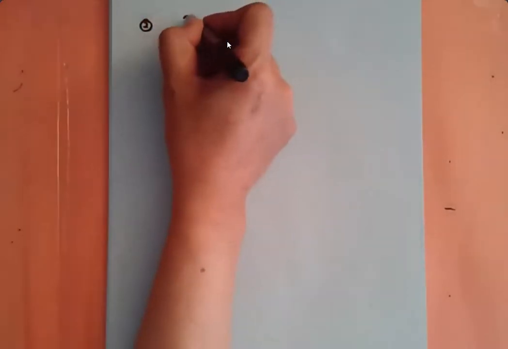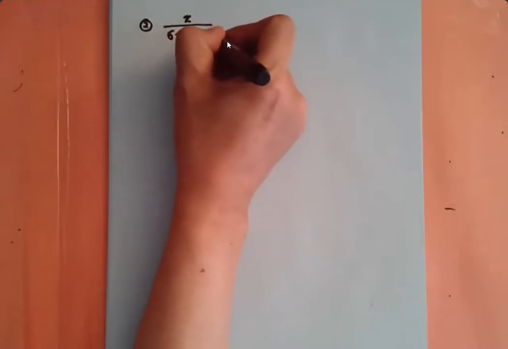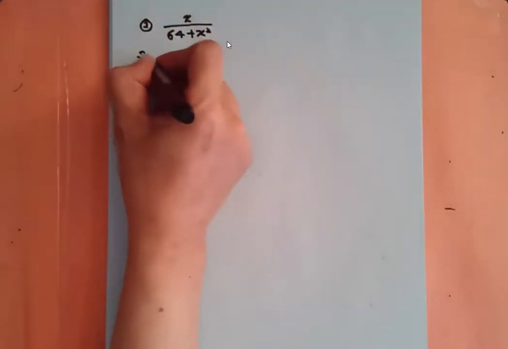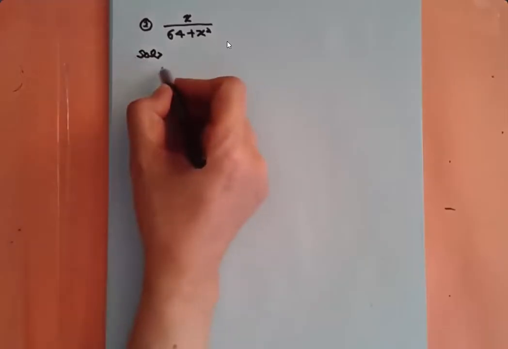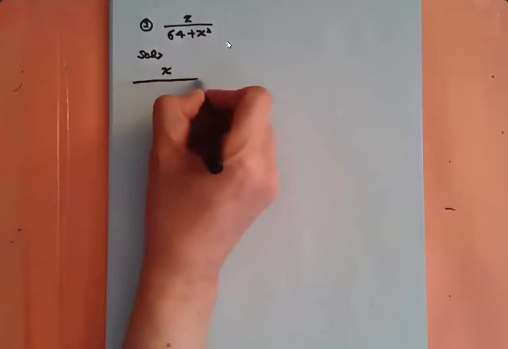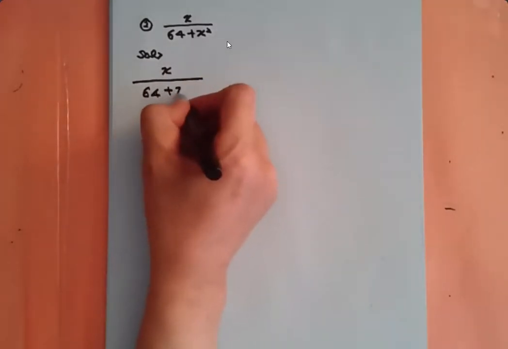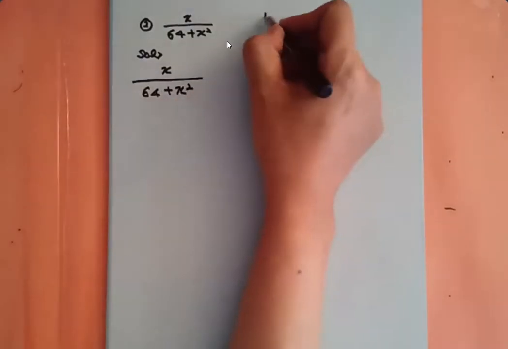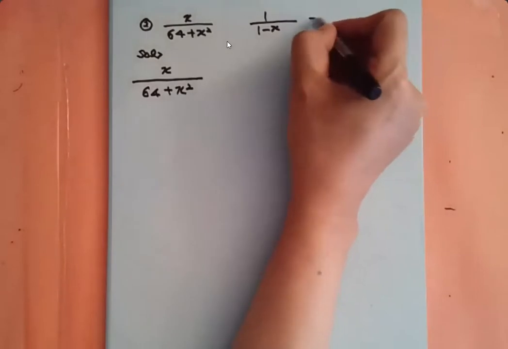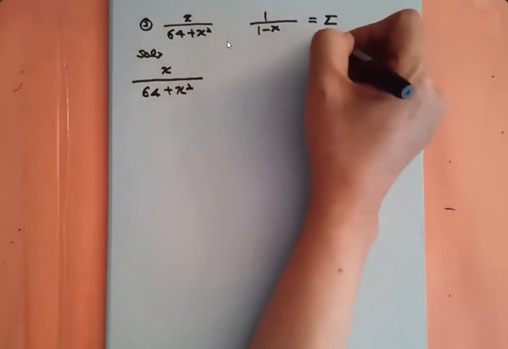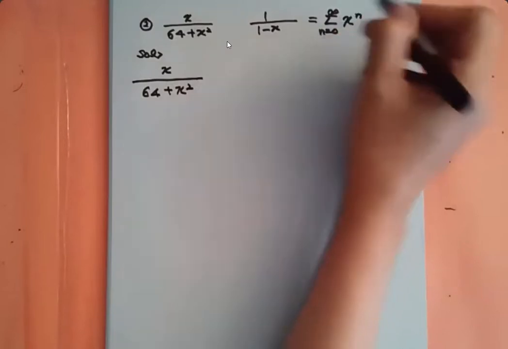The second problem is x over 64 plus x squared. Again, keep in mind 1 over 1 minus x can be expanded as the summation n equals 0 to infinity, x to the n power.